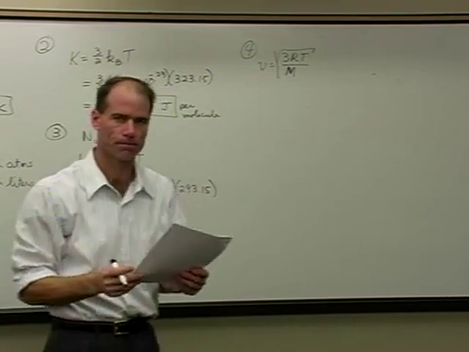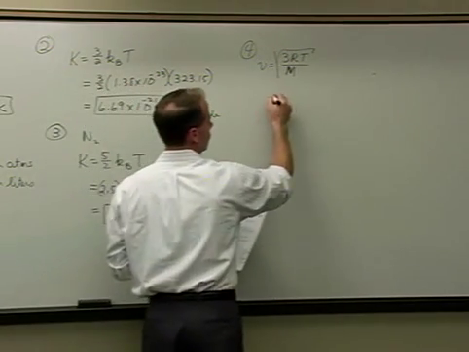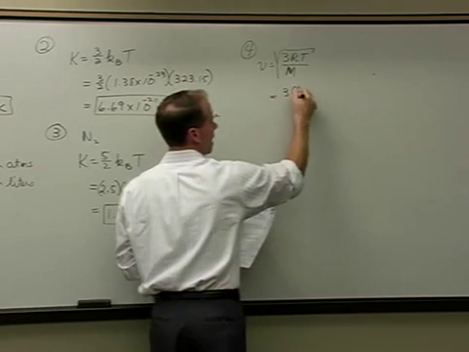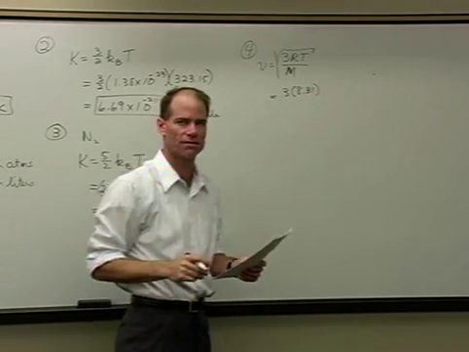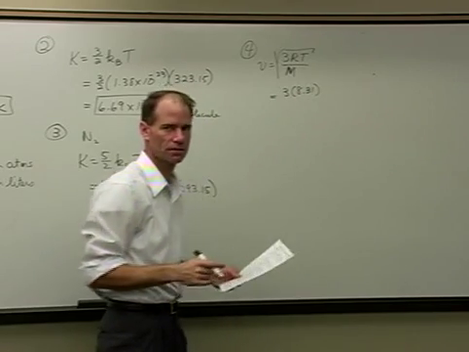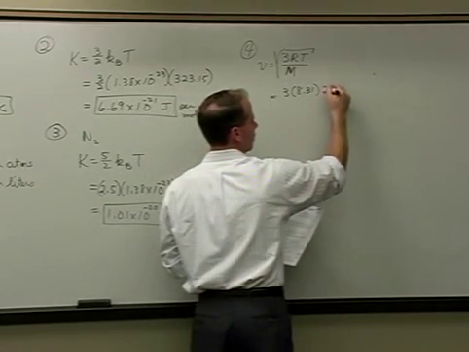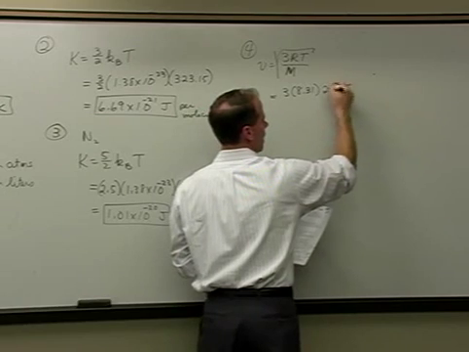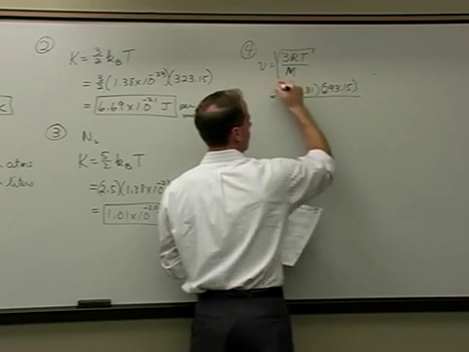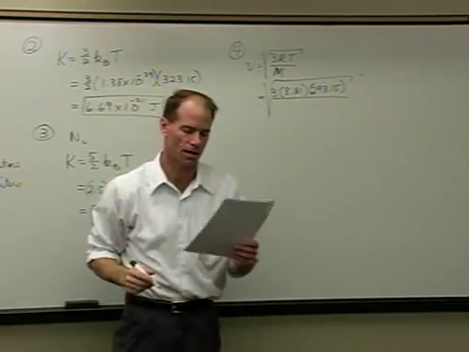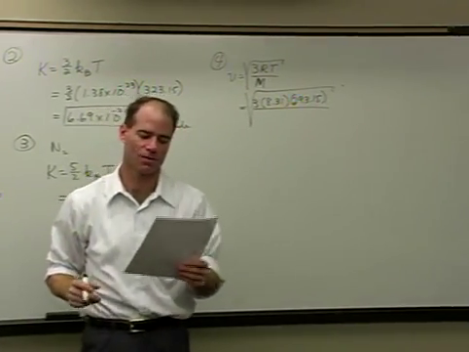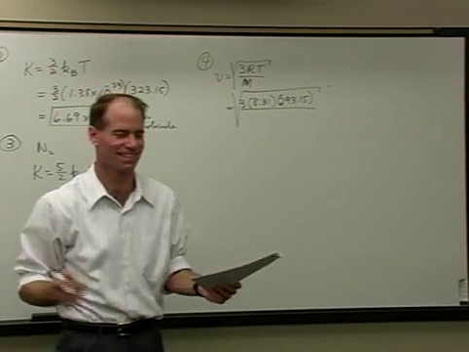So in this case, we have 3 times our gas constant, 8.31. This is at 20 degrees centigrade, so it's going to be 293 degrees Kelvin, or 293.15 to be exact, over the molecular weight of nitrogen. Now, what is the molecular weight of nitrogen?